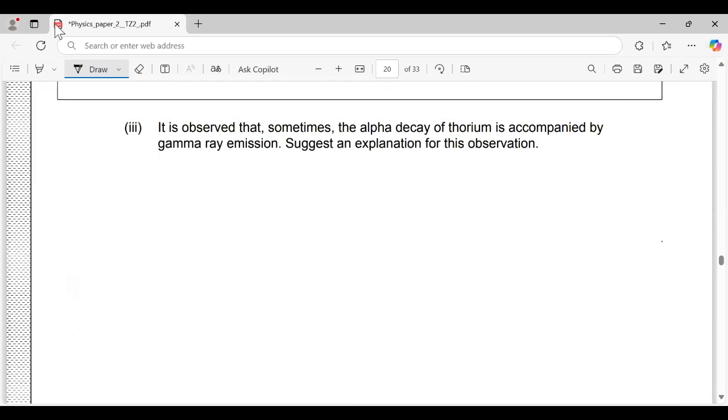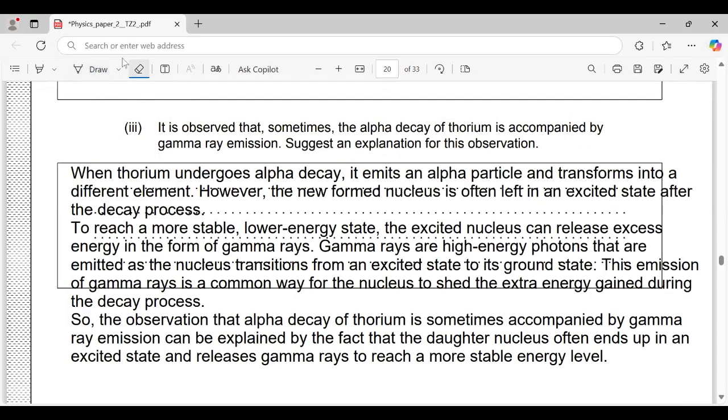I have provided also my explanation about this, that when thorium undergoes alpha decay, I'm going to write here, the reaction.